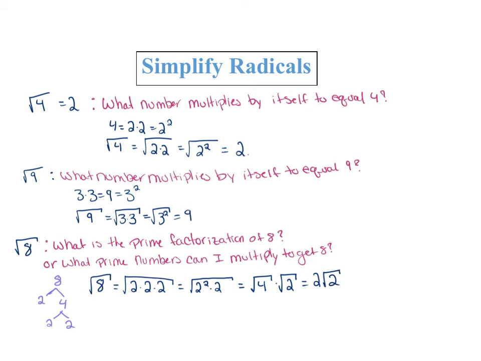Now, another way you could look at this is some people notice immediately that the square root of 8 is equal to the square root of 4 times 2. 4 is not prime, but it is a perfect square.